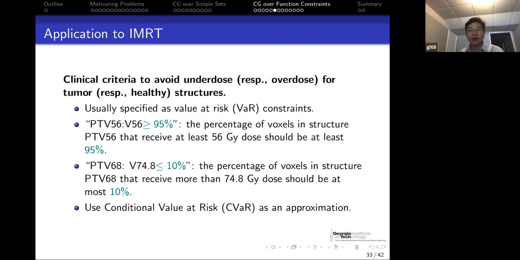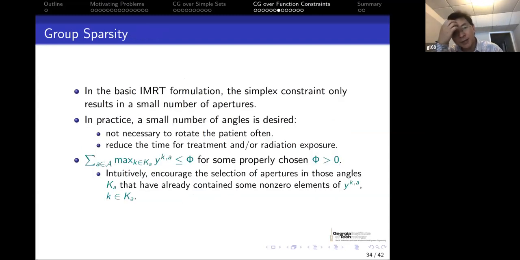These are valid risk constraints, and in our formulation we use conditional value-at-risk as an approximation. So basically we can approximate it closely by using a convex function. There is also another function constraint called group sparsity. In the basic formulation, the simplex constraint can only guarantee a small number of apertures, but in practice, a small number of angles is desirable because we don't necessarily want to rotate around the patient often.